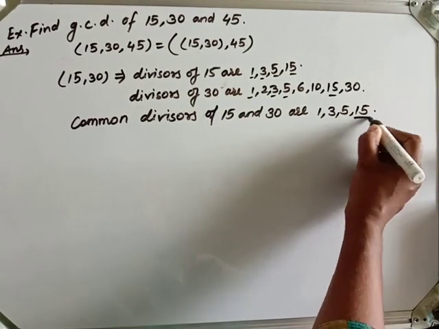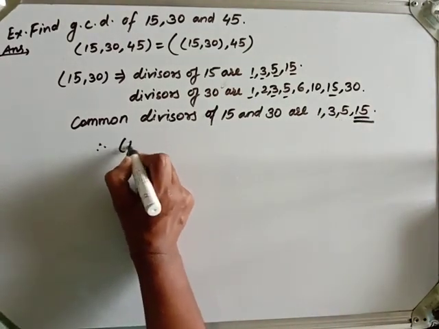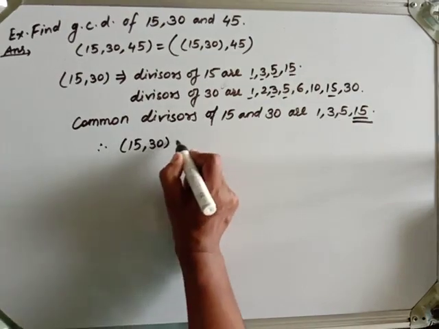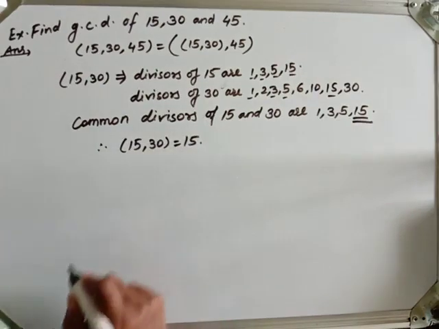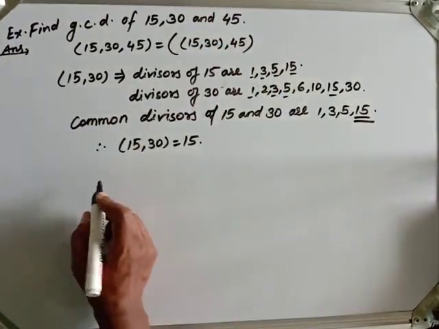Which is the greatest? This 15 is the greatest. Therefore, the GCD of 15 and 30 is 15. Fine. Now let us take that 15 with 45.